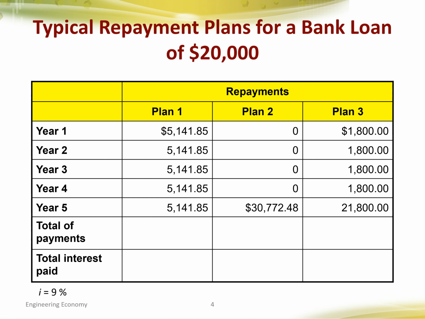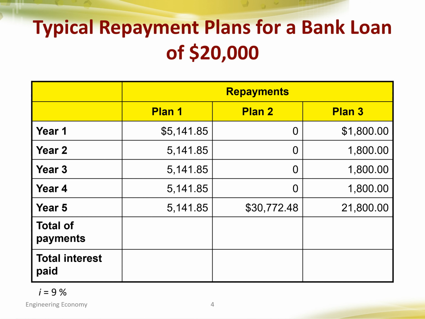The reason is that there's an interest rate. So the 5,141 in Plan 1 on the first year is in fact a lot bigger than what the number reflects. So if you think of that, that is a lot bigger, and it's gradually smaller.